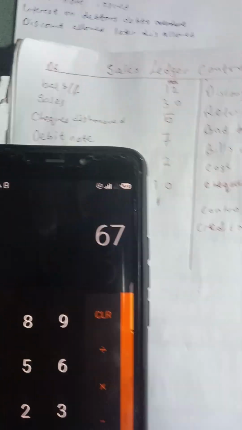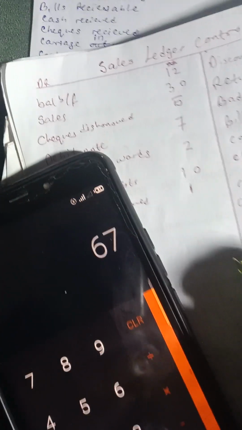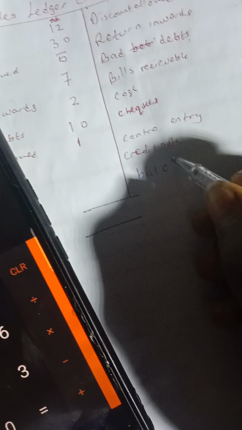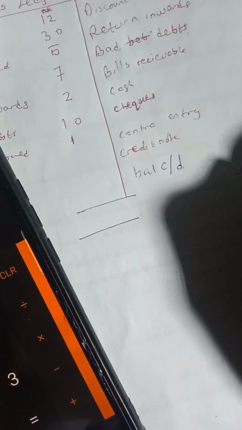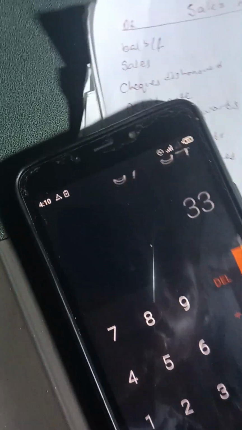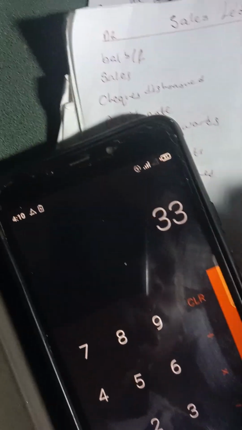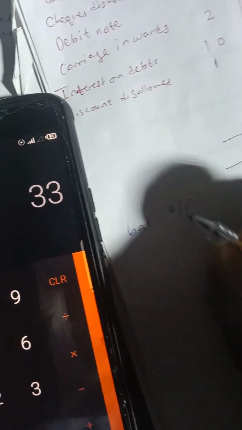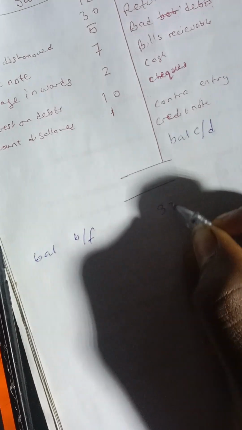So for sure your debit side is greater than your credit side. We have our balance carried down to be 67 minus 34, which gives us 33, and at the same time our balance brought forward is 33.